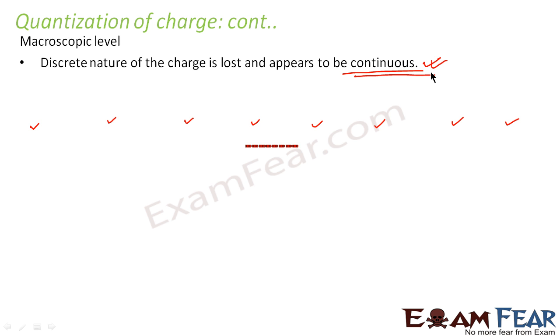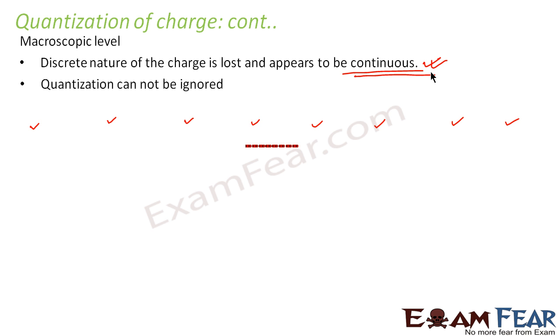It appears to be continuous. Continuous means right now those 8 cars don't look like 8 cars. It just looks like one line. Right? So the discrete nature of each of the cars is lost. Similarly, in the case of quantization, the concept is lost when we look at it at a macroscopic level.